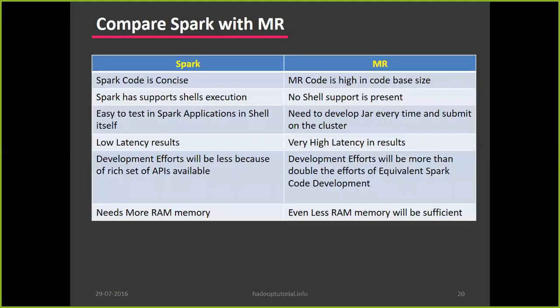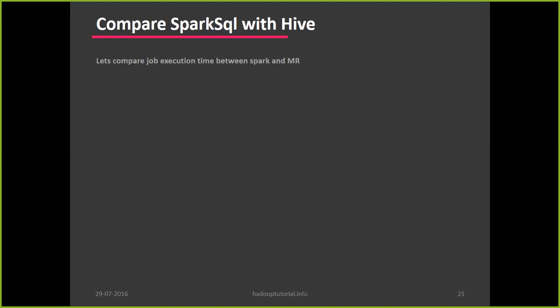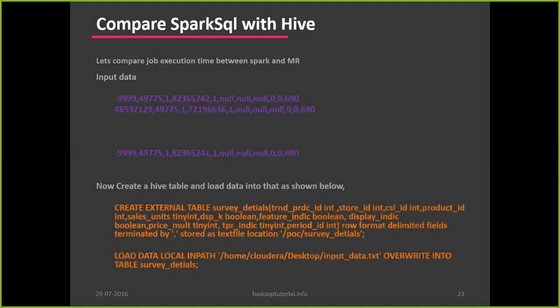We have compared Spark native code with MapReduce. Let me show you one more comparison, Spark SQL with Hive. Let me take some real-time data. I have some input data related to a retail store, the retail survey details.